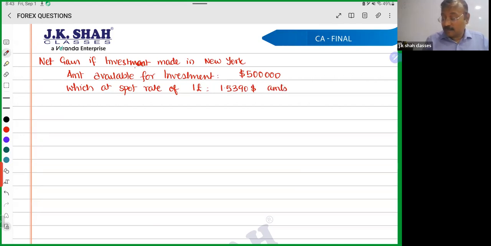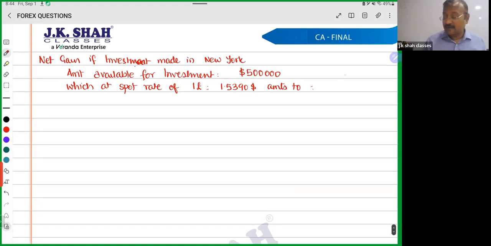Amounts to $5 lakh divided by 1.5390, which is 324,887. This is pounds. Add cost of funds. What is the cost of funds? 4%.